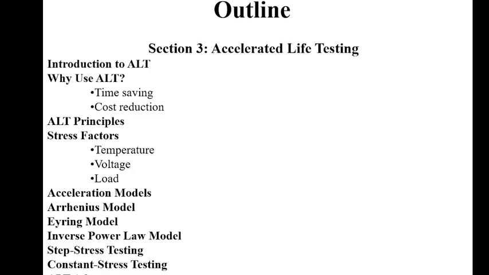The core principles of ALT are then explained, including the role of key stress factors such as temperature, voltage, and load. We also examine important acceleration models like the Arrhenius model, Eyring model, and the inverse power law model, which help predict product life under normal operating conditions.